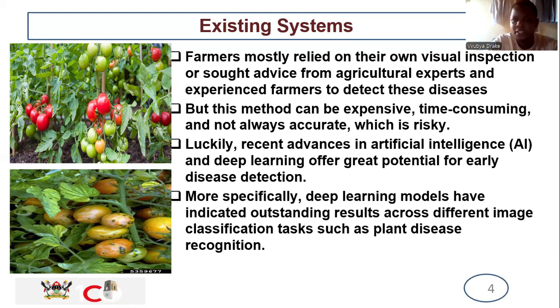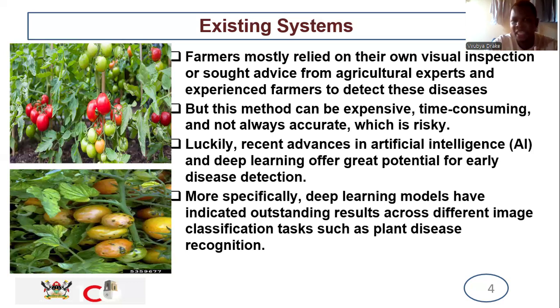To some point, the method helps, but it is expensive, time-consuming, and not always accurate, because some diseases have the same symptoms. So it's hard to really differentiate between early blight and late blight, bacterial spot, and curl disease.